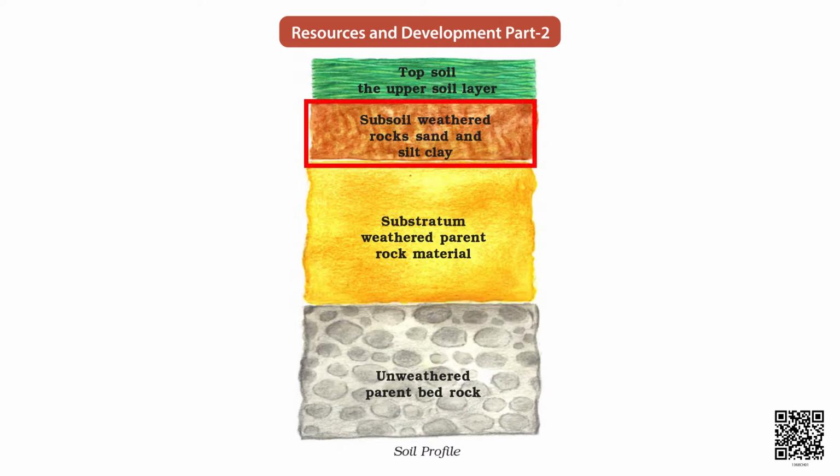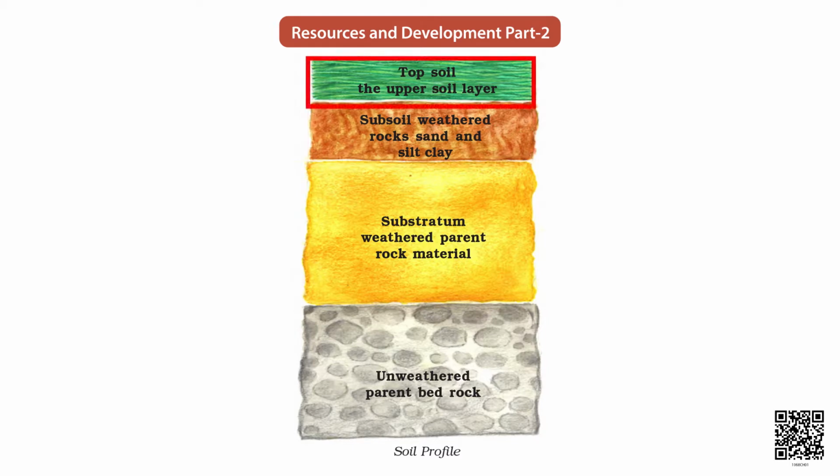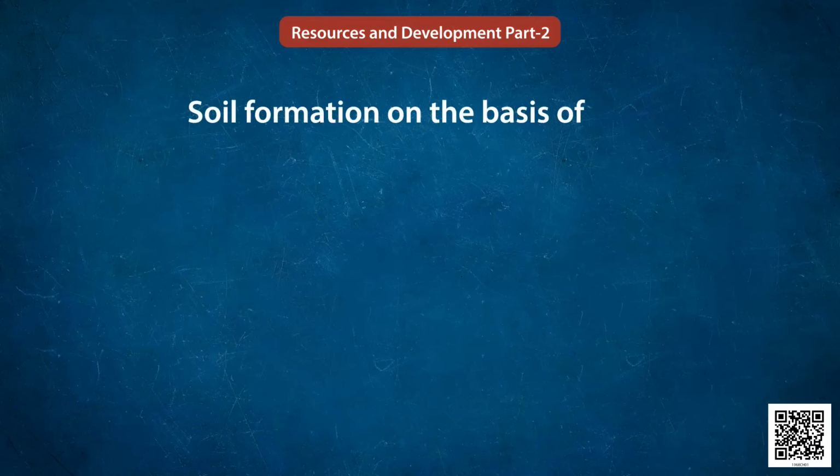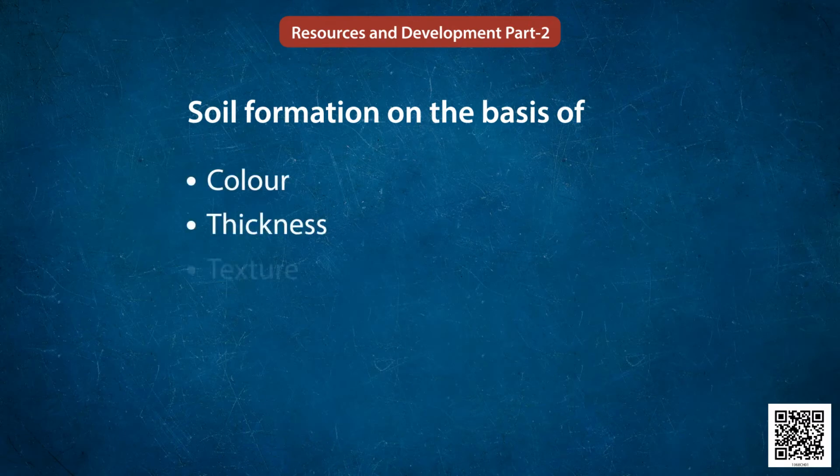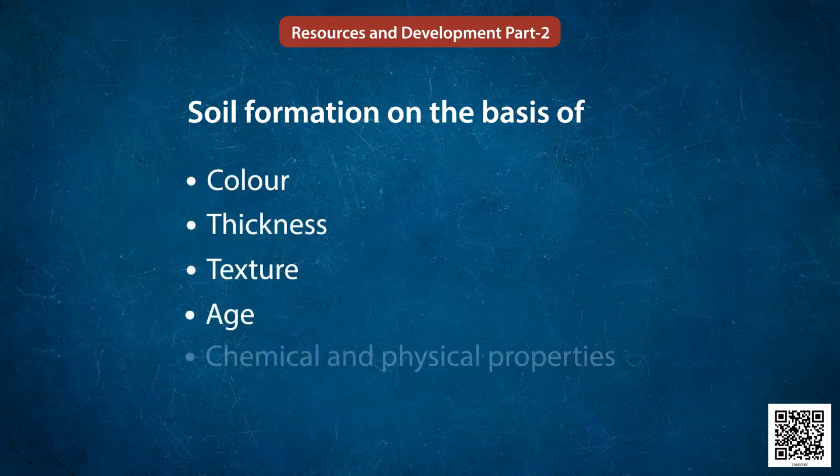Then comes the subsoil, consisting of weathered rocks, sand, silt and clay. These pieces get further broken down and form the upper top layer of the soil called topsoil, which is the upper soil layer.